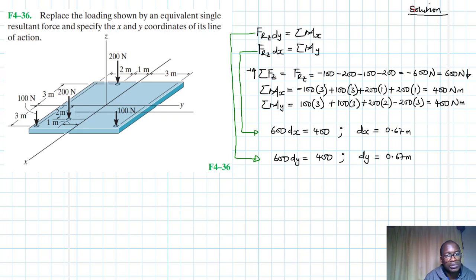Let me extend it a little bit like so. All right, there we go. And then there we said we could place it there. Okay, I'm going to place it there. There we go.